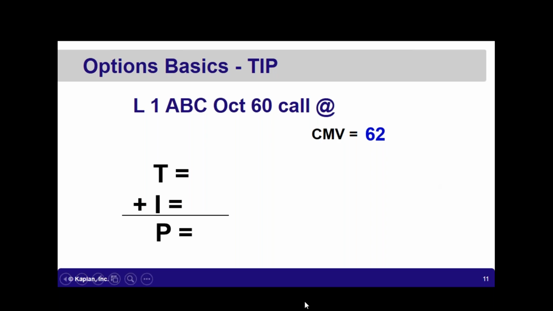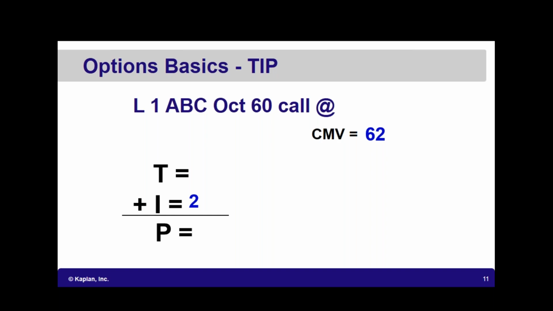So in my opinion, that's a good deal. The fact is that the option is in the money or has intrinsic value of 2 points. In other words, the current market value of 62 compared to the 60 gives me 2 points of intrinsic value.